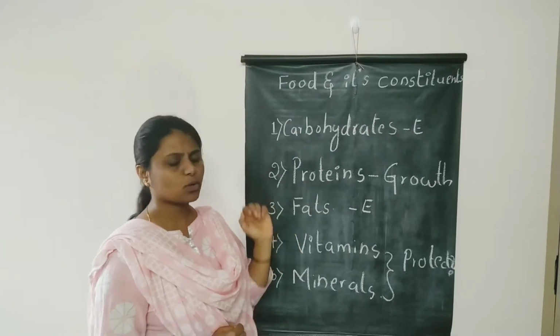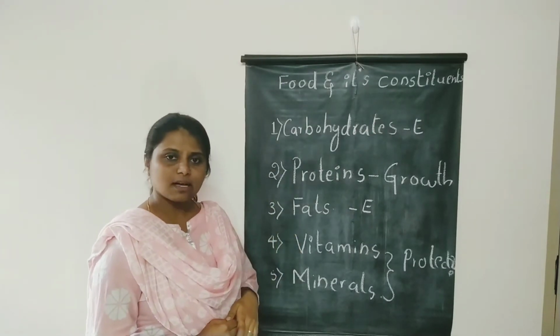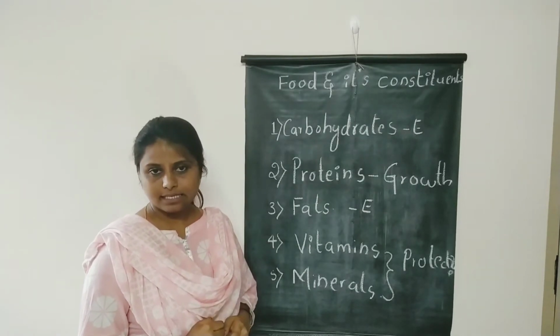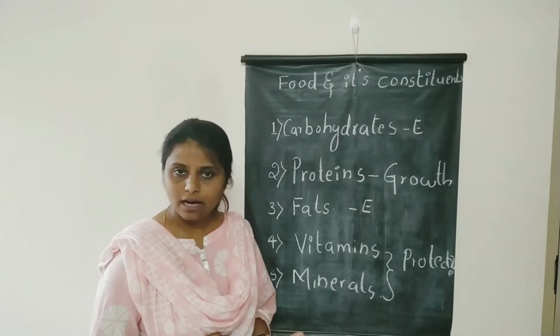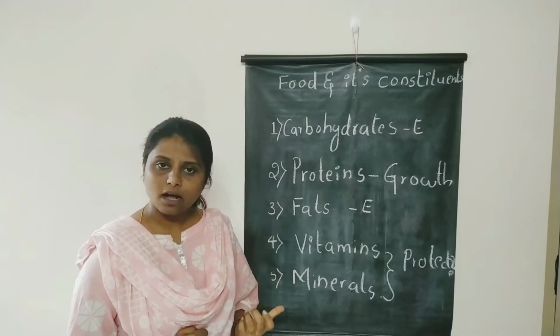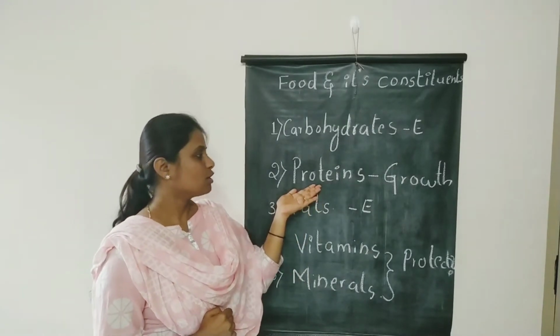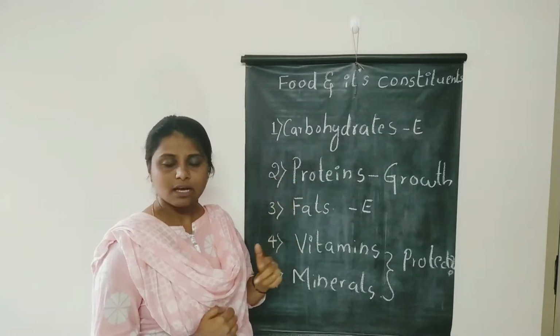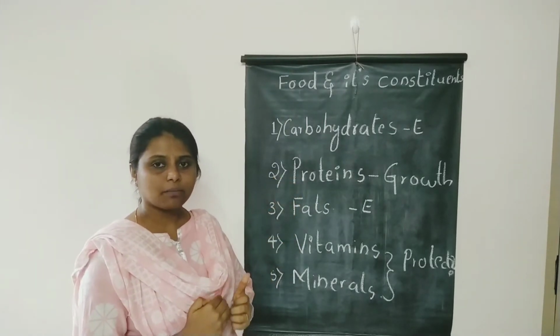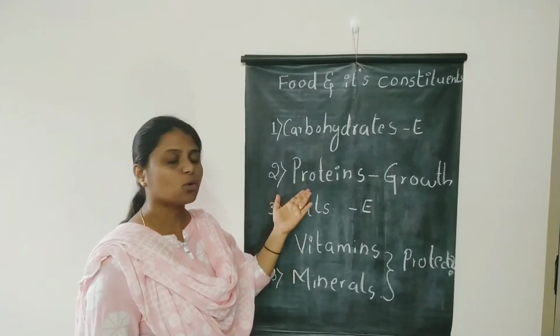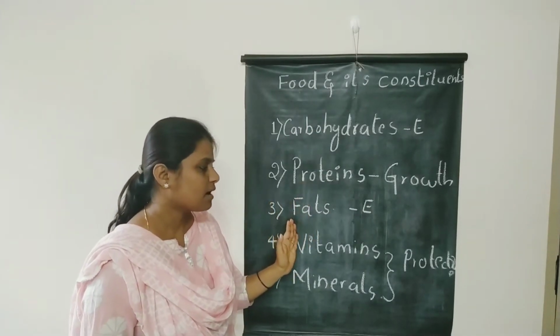Next comes protein. Proteins are found mainly in pulses like urad dal, grams and beans, which are the major contributors of protein. Then milk, meat and egg also provide proteins. Next comes fat.